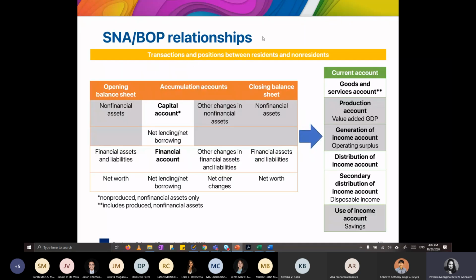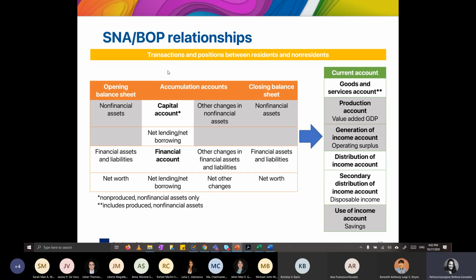So as a summary, the BOP deals with transactions and positions between residents and non-residents. So you have here your capital account and financial account that feed into, in particular for the financial account, determine the opening and closing balance sheet of your international investment position, or equivalently the net of it, the net worth in financial terms.